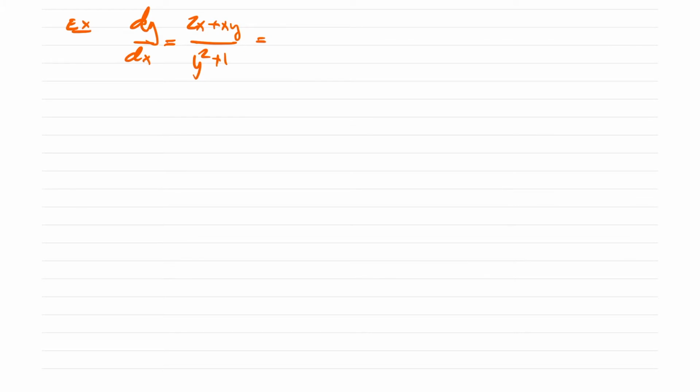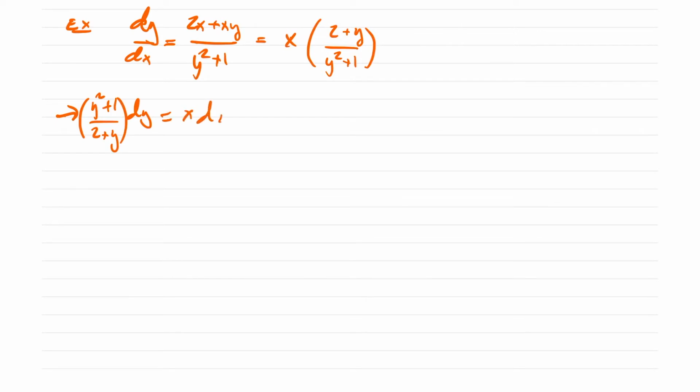So I'm going to pull an x out of the numerator, and what it's going to leave us with is 2 plus y over y squared plus 1. Now I can divide by this, and I can multiply by dx, and that gives us dy times y squared plus 1 over 2 plus y is equal to x dx.